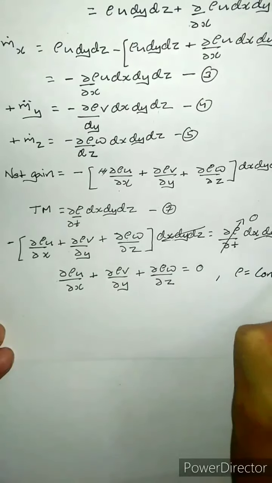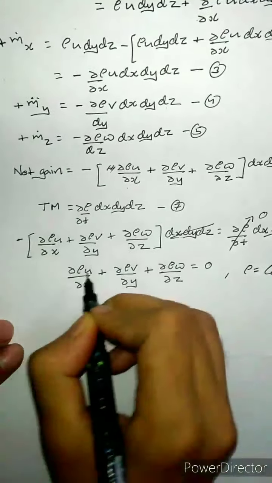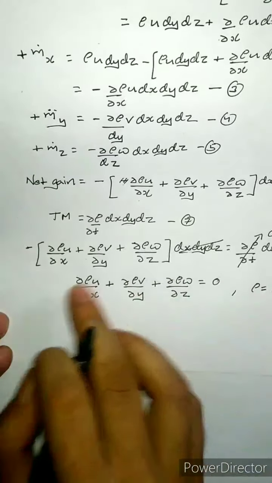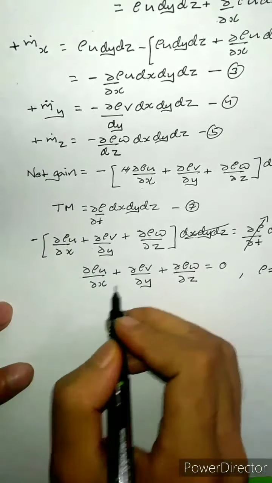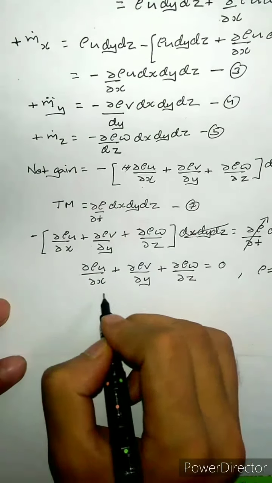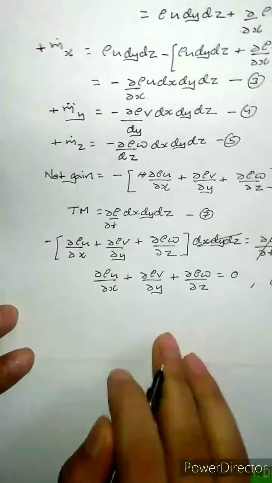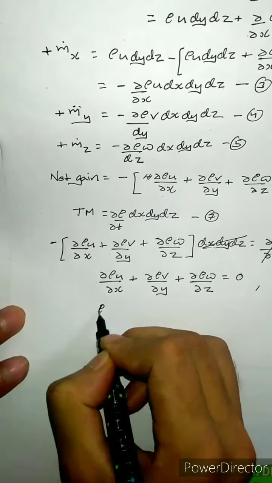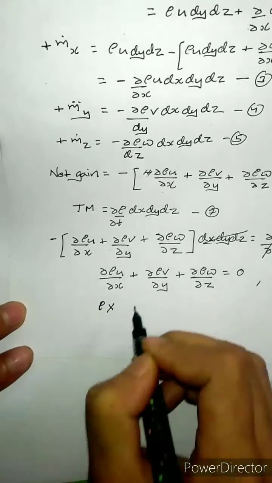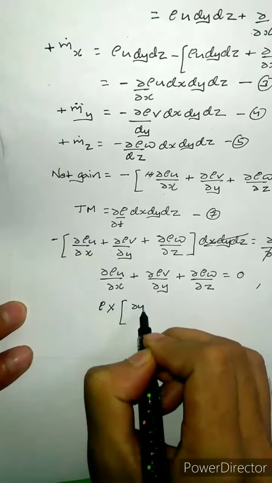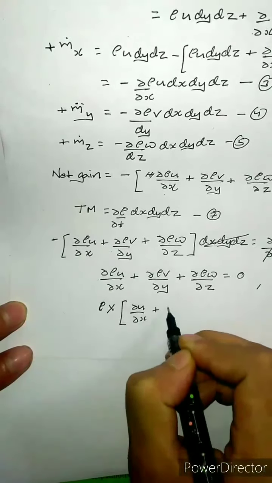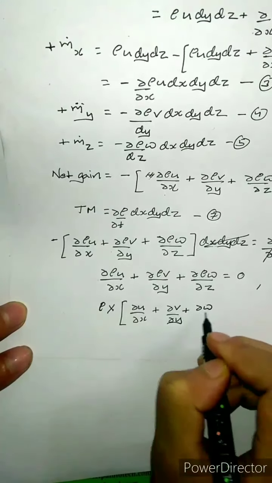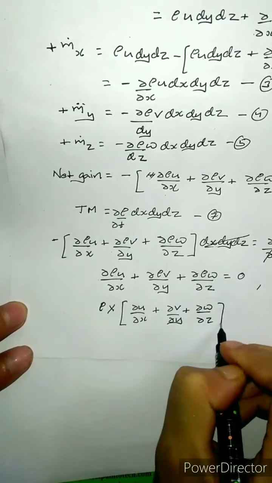If rho is constant, we can take it outside the differential. So rho into del u upon del x plus del v upon del y plus del w upon del z equals to 0.